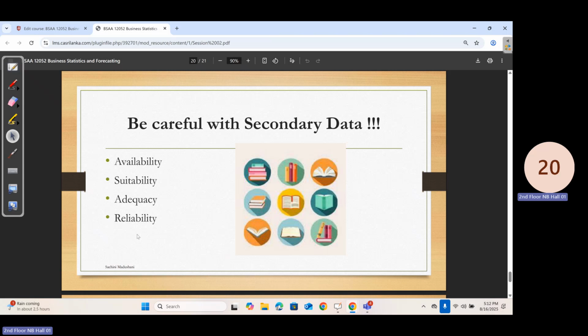Then we check whether the available relevant data is sufficient for our study. It means adequacy. Then finally we check whether reliability is there or not. All the time we need to use reliable data for our study. When these 4 things are okay, then we can collect the secondary data from any source. Now clear? Okay.